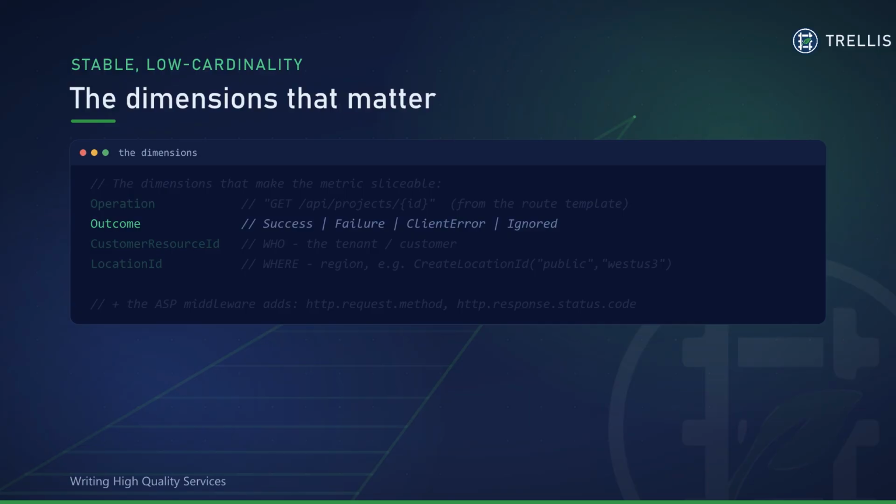CustomerResourceId, who the request was for, the tenant or customer, and location ID, where you're running, the region. On top of those, the middleware adds the HTTP method and the response status code. These are all stable, low cardinality dimensions, exactly what you group an SLO by, and notably, there's no request ID and no timestamp, the things that would blow up your metric cardinality.